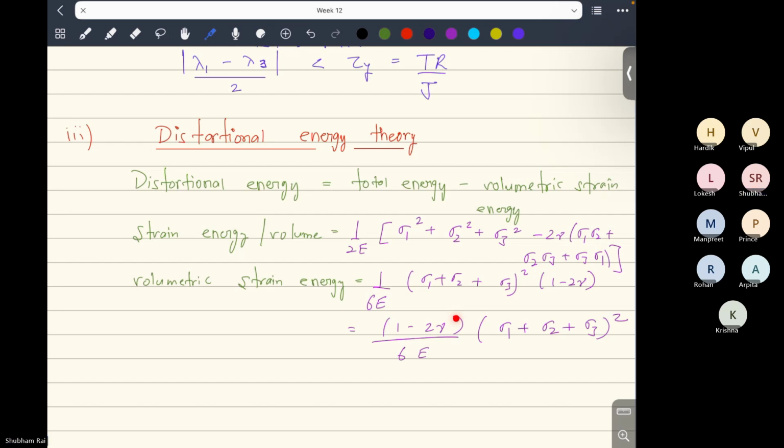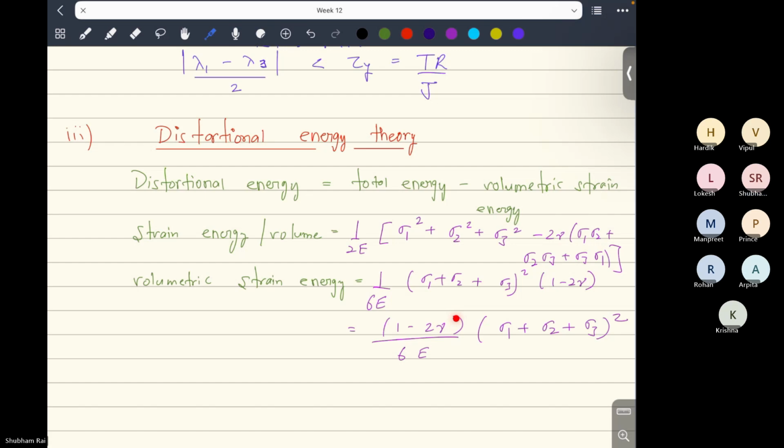There are materials like that with a negative value of Poisson ratio, because Poisson ratio is usually defined as the negative of transverse strain over longitudinal strain.